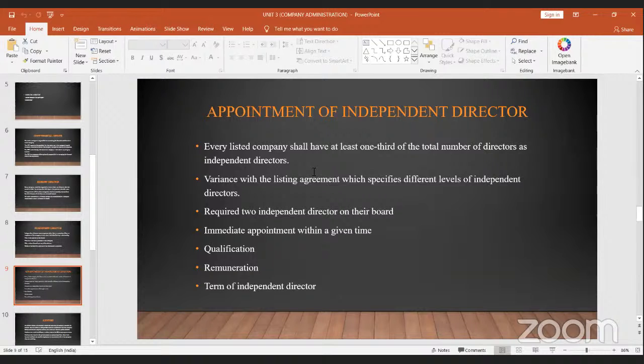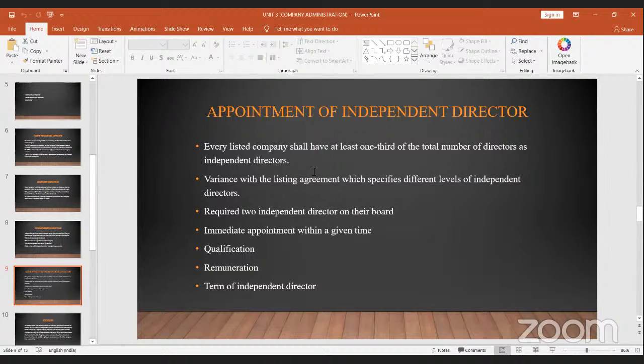For example, if a company is earning a huge amount of sales, say more than 100 crores, then at least 2/3 of the directors, 2 out of 3, should be independent directors. The listing agreement specifies different levels of independent directors, depending on where you are listing the company.